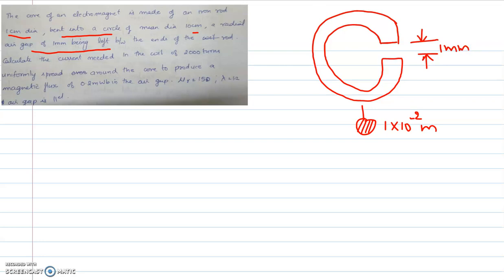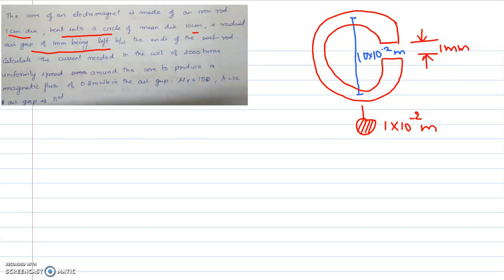The mean diameter means from this particular point to this particular point, that is the mean. This is 10 centimeter. That means 10 into 10 to the power of minus 2 meters.